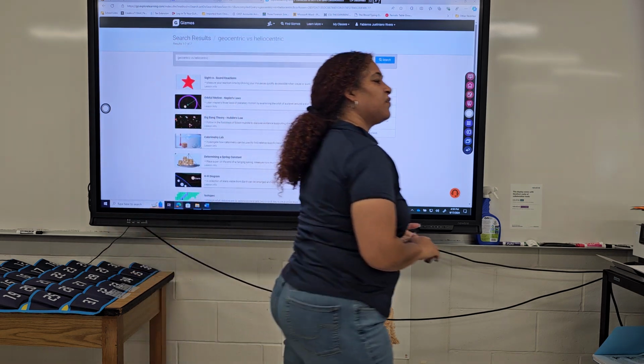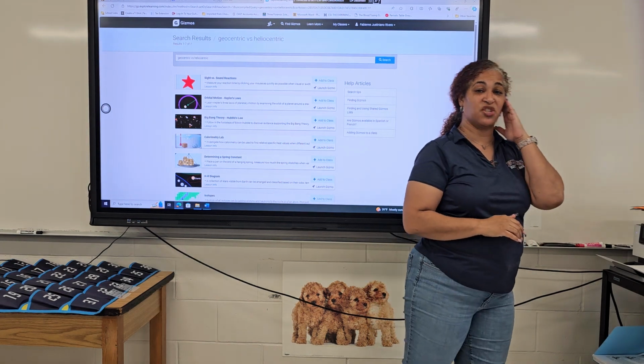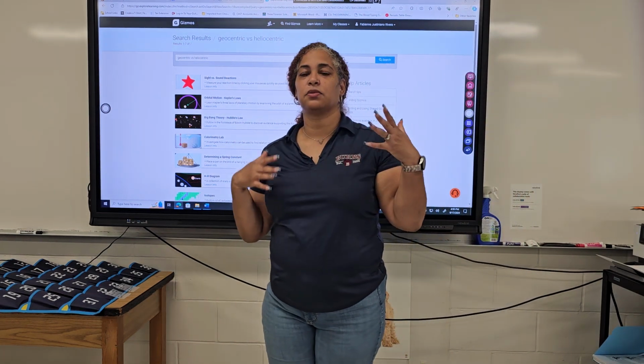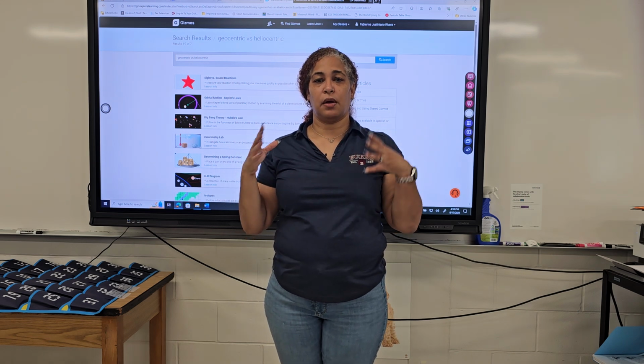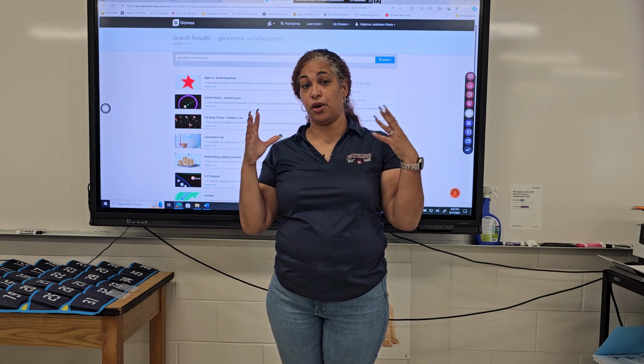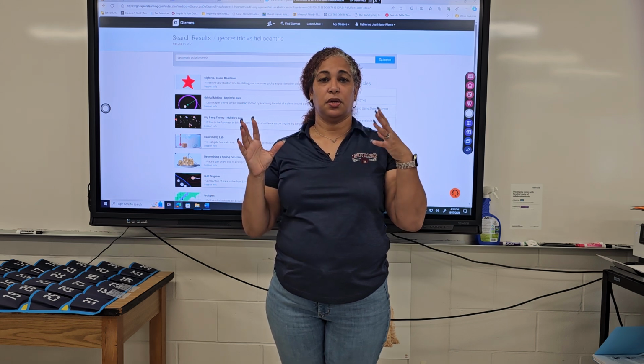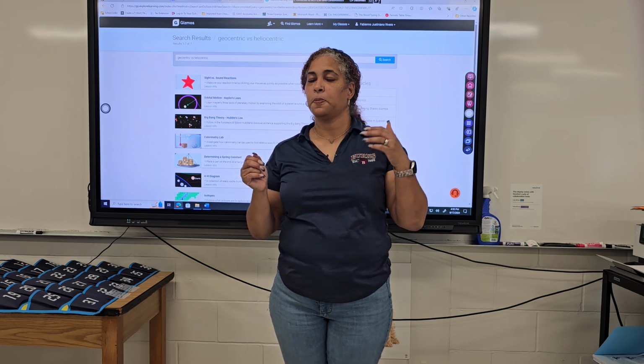A geocentric versus heliocentric model: if you think geo, like geography, rocks, we're studying how the Earth, geo, is positioned in the center of the solar system.